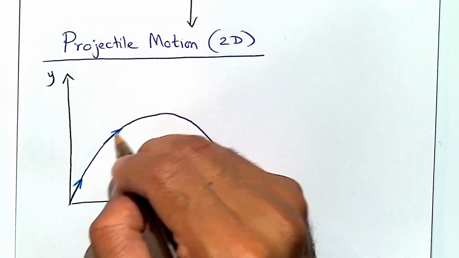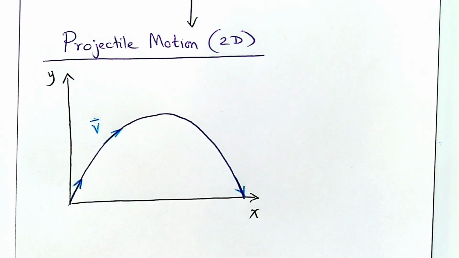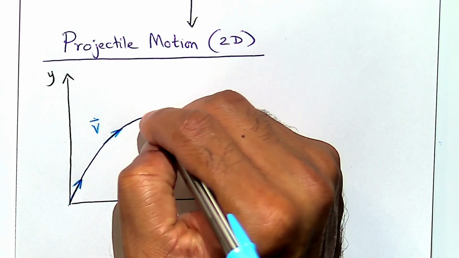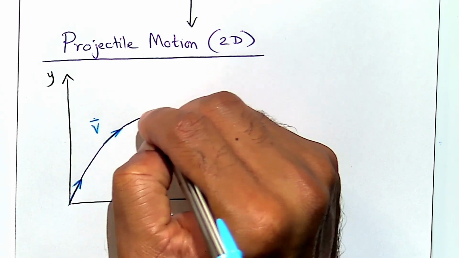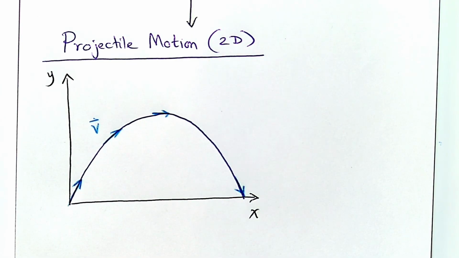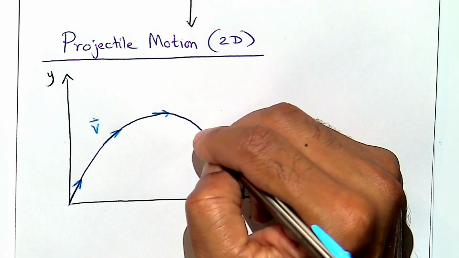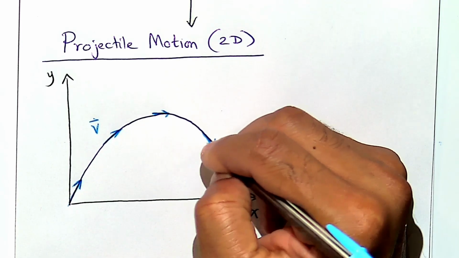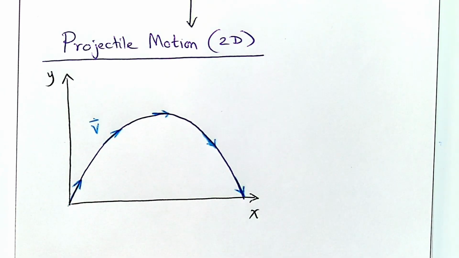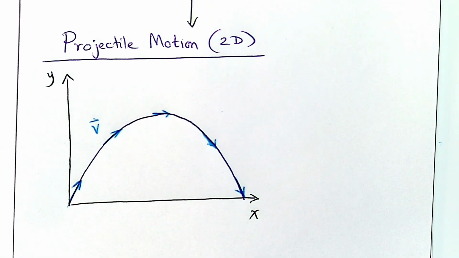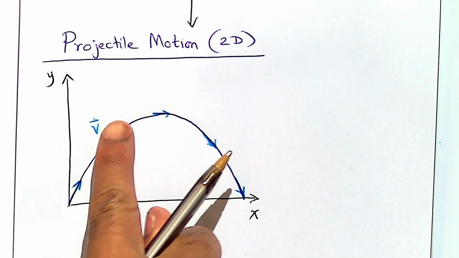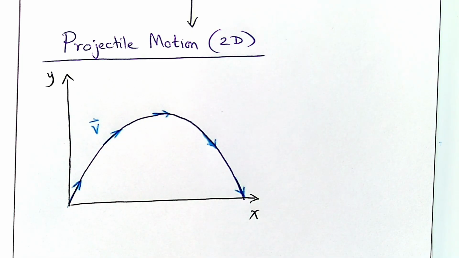Here's the vector, velocity with the arrow, velocity vector. And when it's at the top, you'll notice that it goes sideways. The velocity vector is sideways, and then here it's pointing this way. You get the idea. Everywhere along the path, you can almost freeze the film and say, okay, what is this velocity vector doing? And notice that the velocity vector is changing. That's one thing to notice.